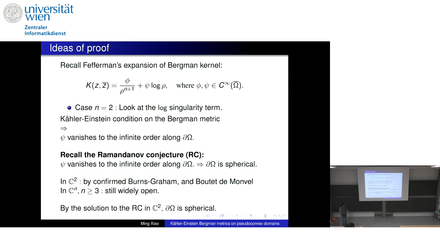Technically one can also follow this strategy with the same proof. One can still show psi vanishes to infinite order along the boundary, in any dimension. However, if we follow this path, one has to study the Ramadanov conjecture in higher dimensions, which appears to be very difficult. So this might not be a realistic approach for Cheng's conjecture in higher dimensions.